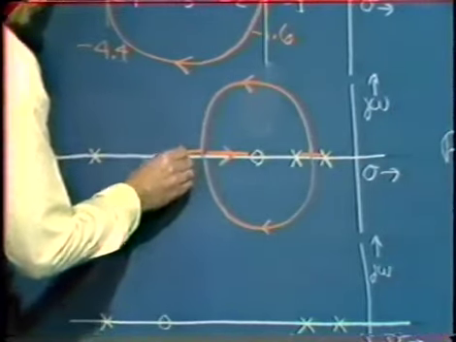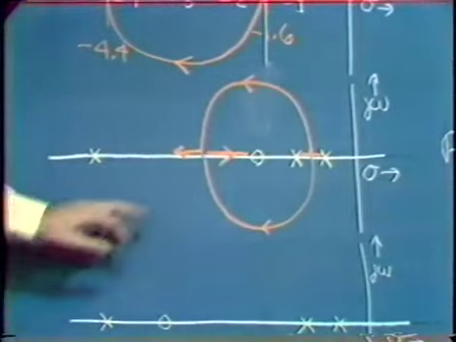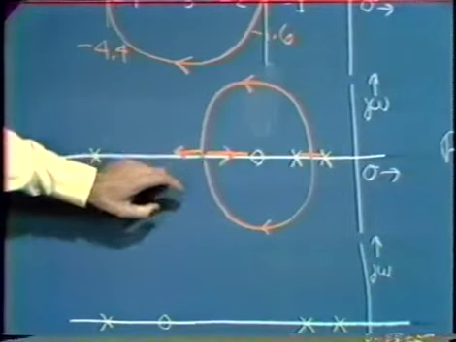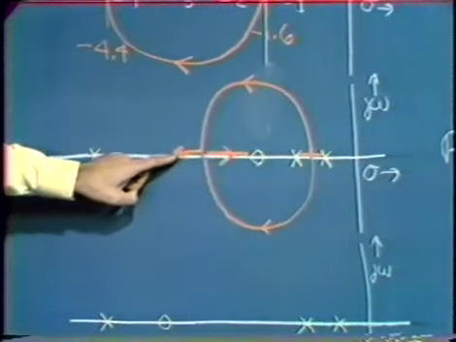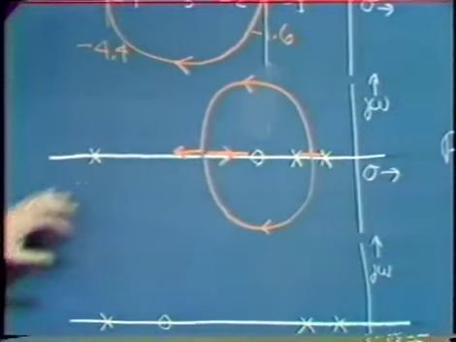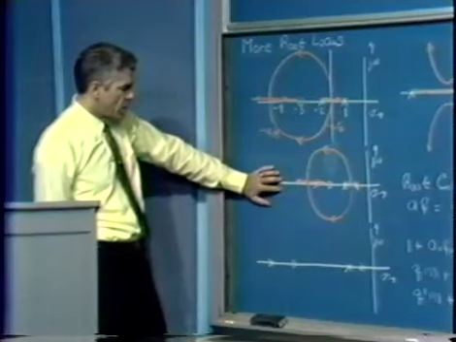Simultaneously, there's a branch going out to the left. Here's a point of reentry on the negative real axis. One branch heads toward this 0. A second branch heads out to the left, at least to the extent that we're able to ignore the third pole.